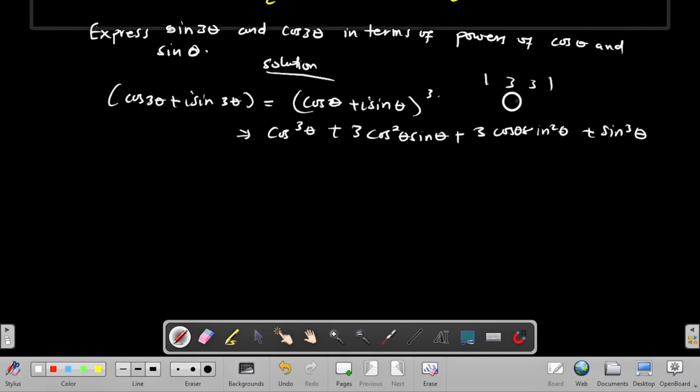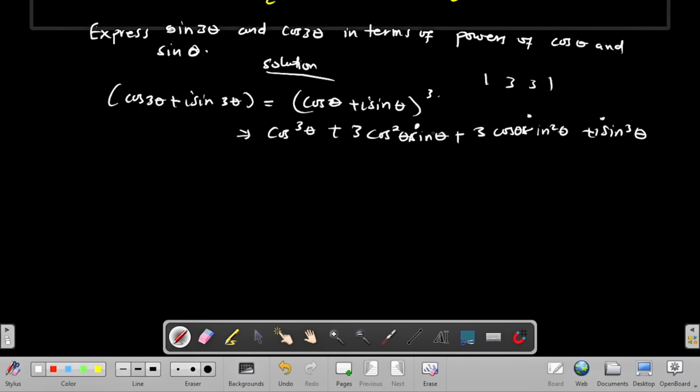This is where I have omitted the i, so let me introduce my i. Wherever I see sine, I introduce my i.